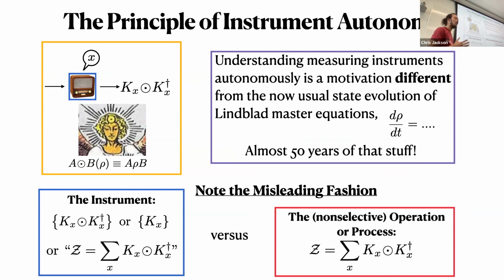And that makes it very hard for you to walk away from these kinds of problems, because the state is causing the outcome. But I hope to convey to you guys that it's perfectly possible to analyze instruments as their own thing, okay? Principle of instrument autonomy. I am an instrument, I think I'm classical, and I am my own thing.